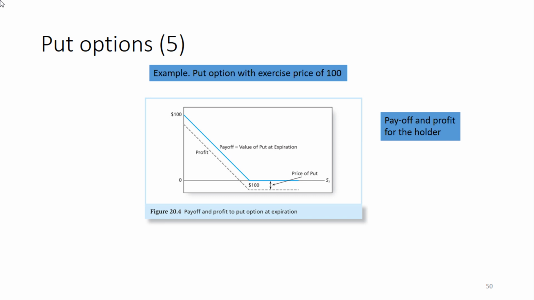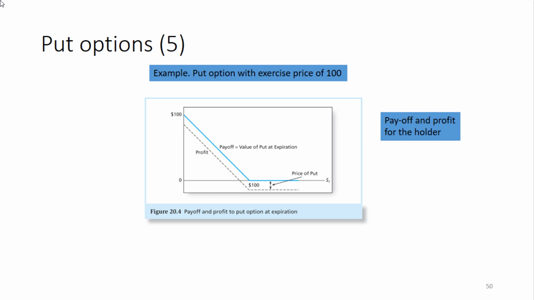The payoff and the profit lines are not the same as each other, because with the profit line, we need to take care of the original investment, the original premium that the buyer of the put option had to pay to the seller of the put option as a compensation for the fact that he has a right and not an obligation. And also we see here that it's not at the exercise price that the profit is zero, but there it's still negative.